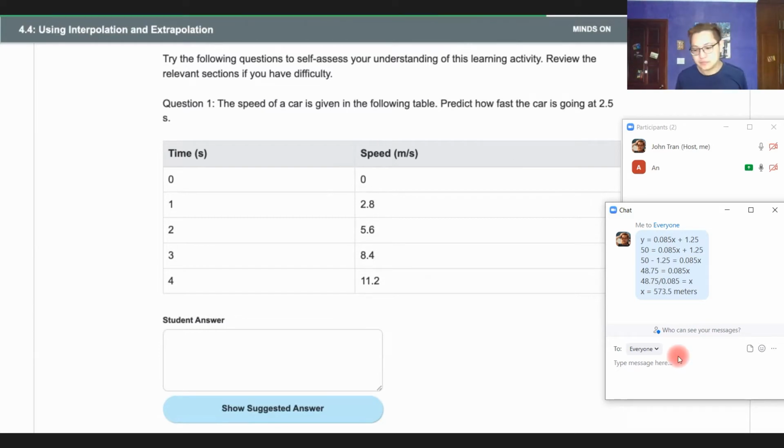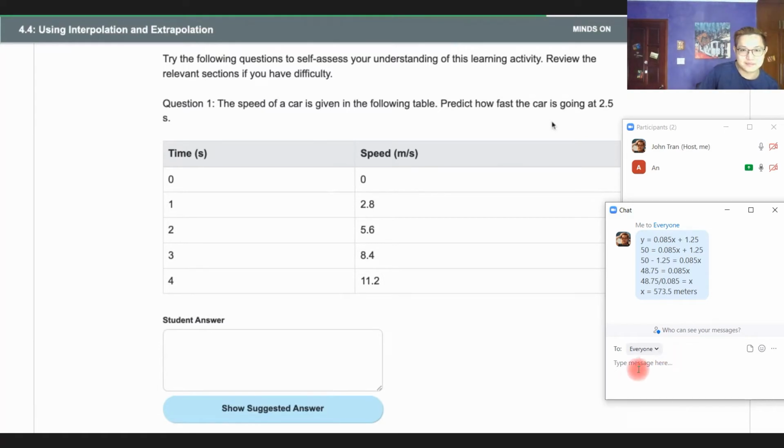So the car is going about 2.8 meters per second, isn't it?